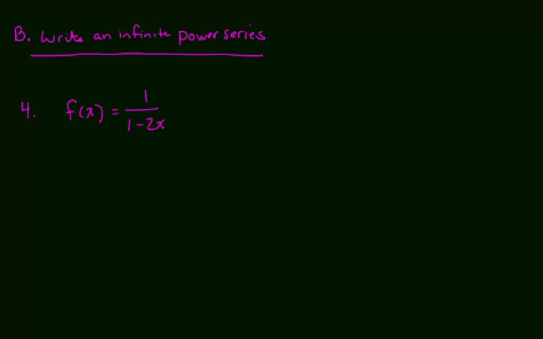So what we're going to do is recognize this, and not all functions have this property, but this one has the property written as some first term over 1 minus some common ratio. So we can treat this like it's geometric and say, hey, well, this is a geometric sum where a1 is equal to 1 and the common ratio is equal to 2x.